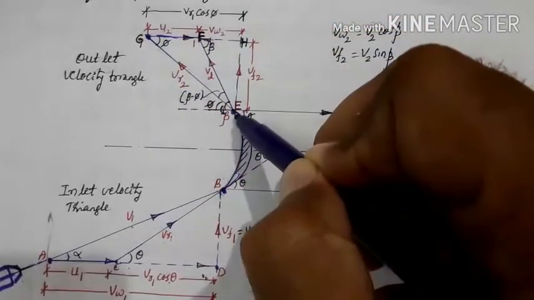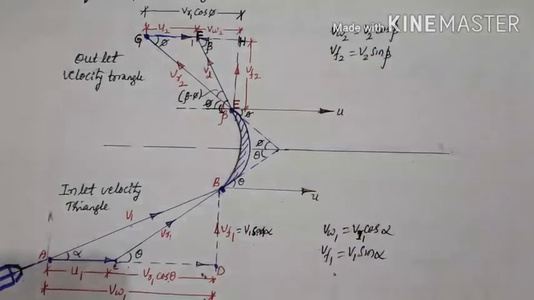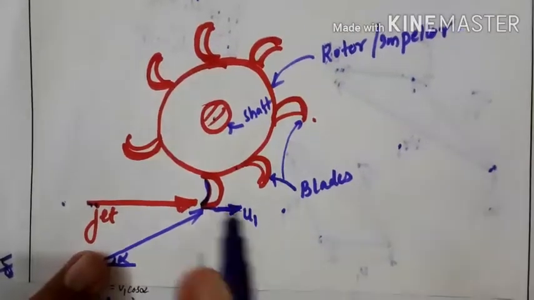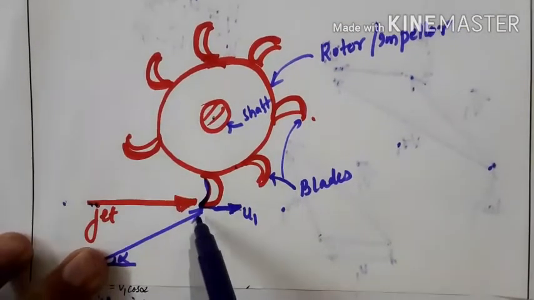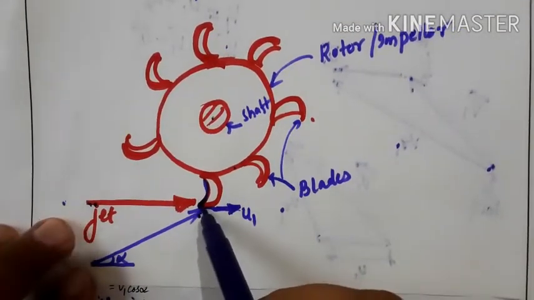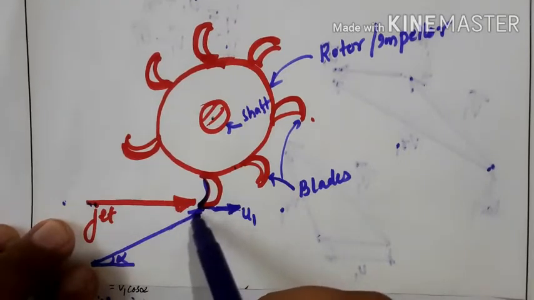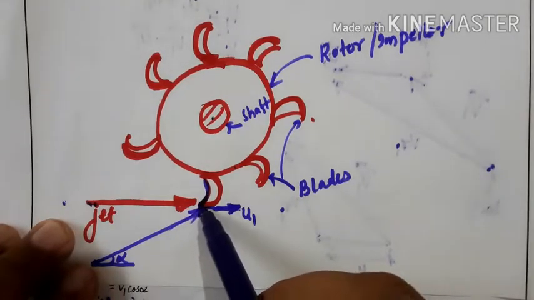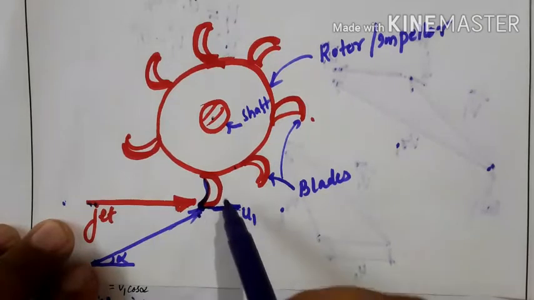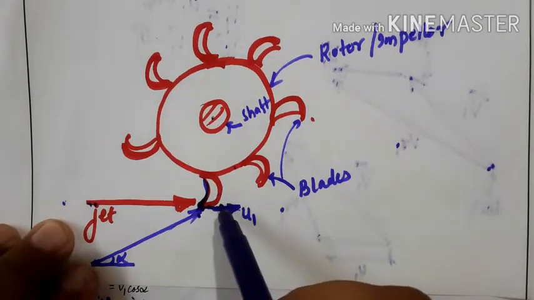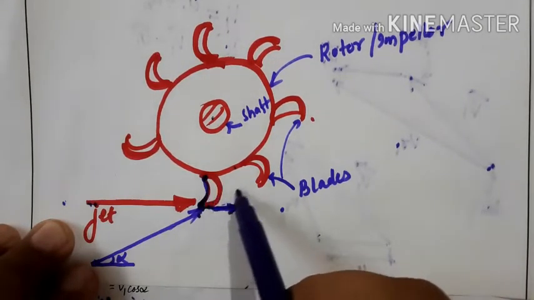This also has a velocity at outlet. So look at this figure. This is the inlet tip where the blade is receiving the jet force. When it starts moving, this also starts moving.